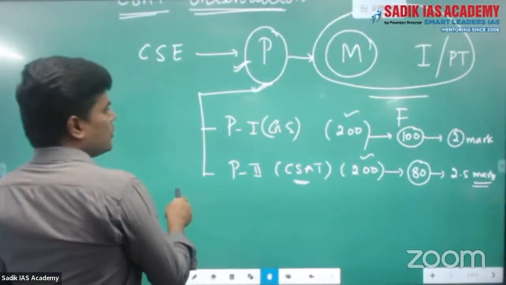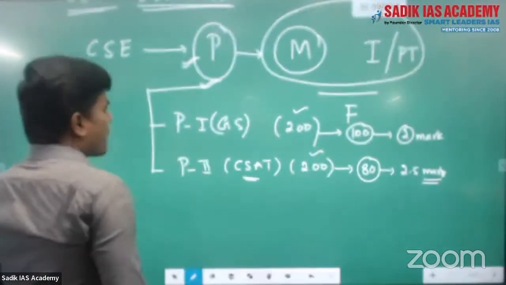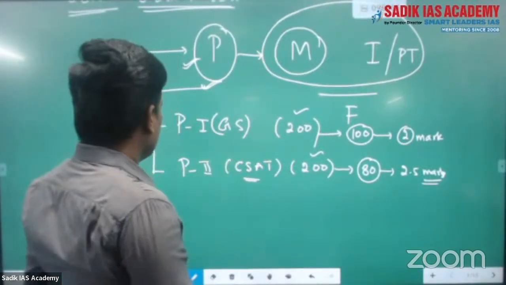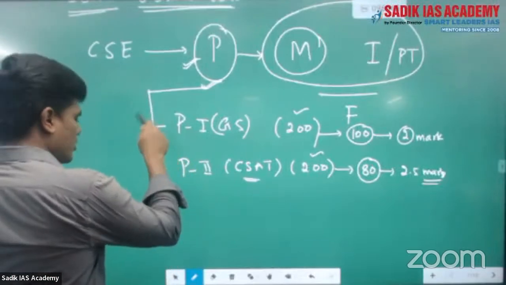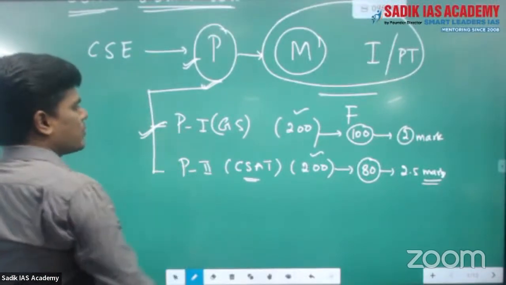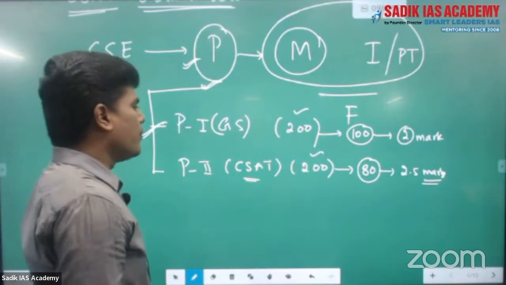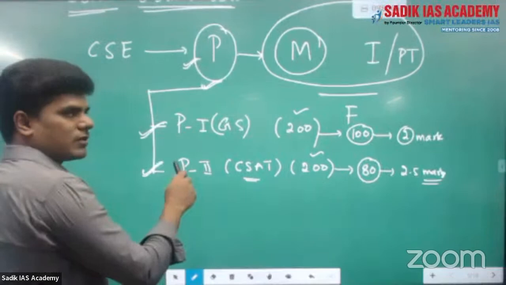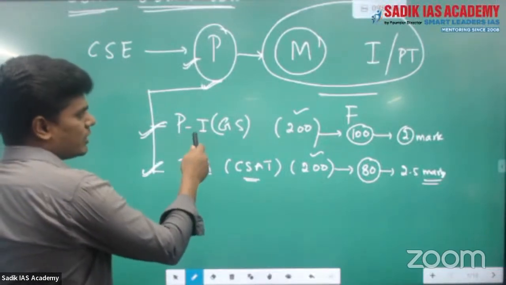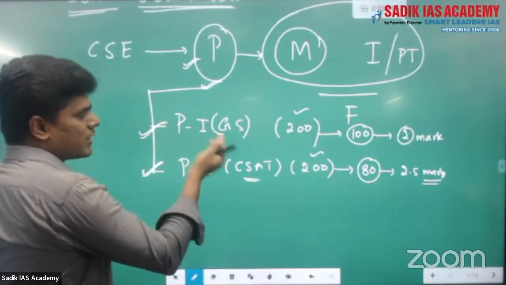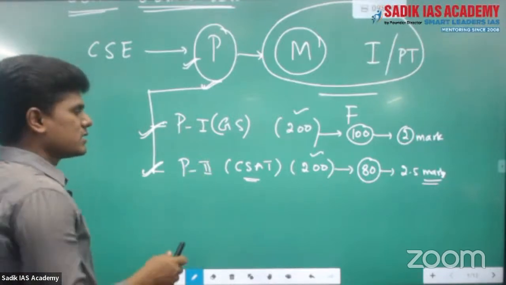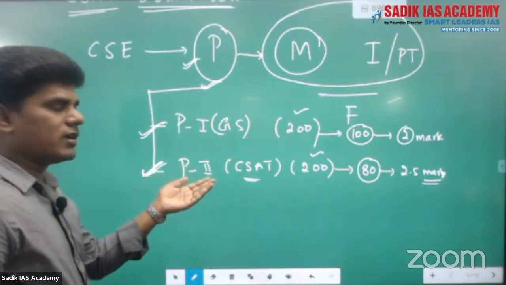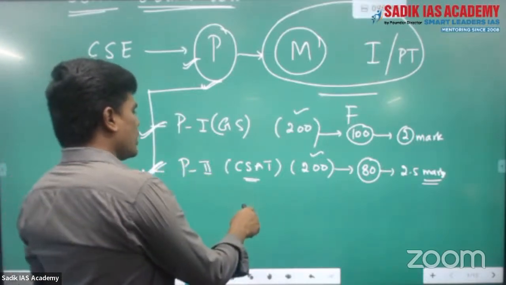If you want to go to the mains examination, the marks scored in Paper 1, the GS paper, will be considered. But whether you have cleared the preliminary examination is based on Paper 2, CSAT, also, because it is a qualifying paper.